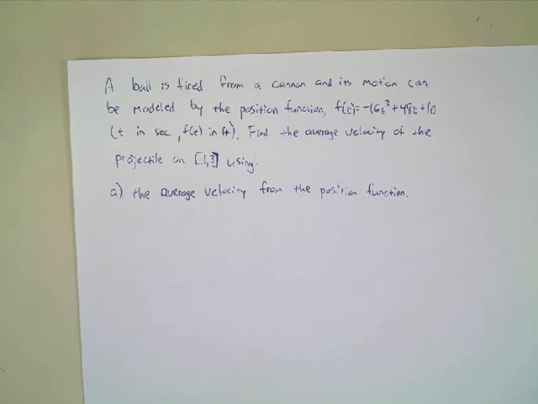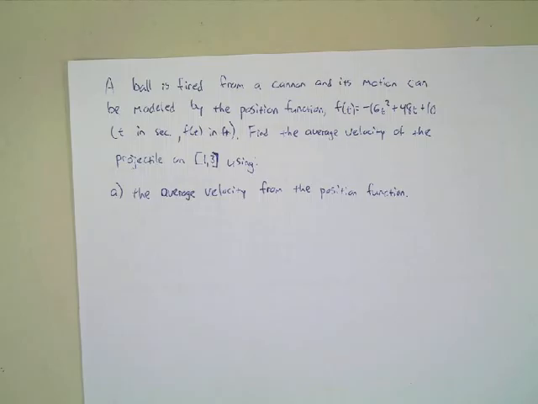So we want to find average velocity using the position function. Okay, how is the velocity related to the position function? Right, okay, the velocity is the rate of change of the position. So instead of me asking you to find the average velocity, I could have just as easily said, find the average rate of change of the position, right?